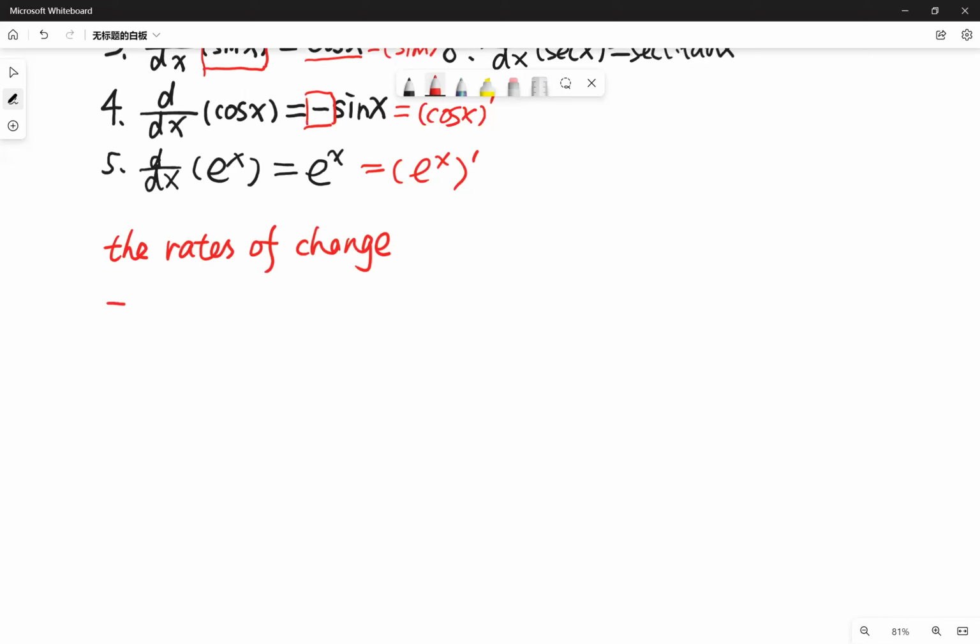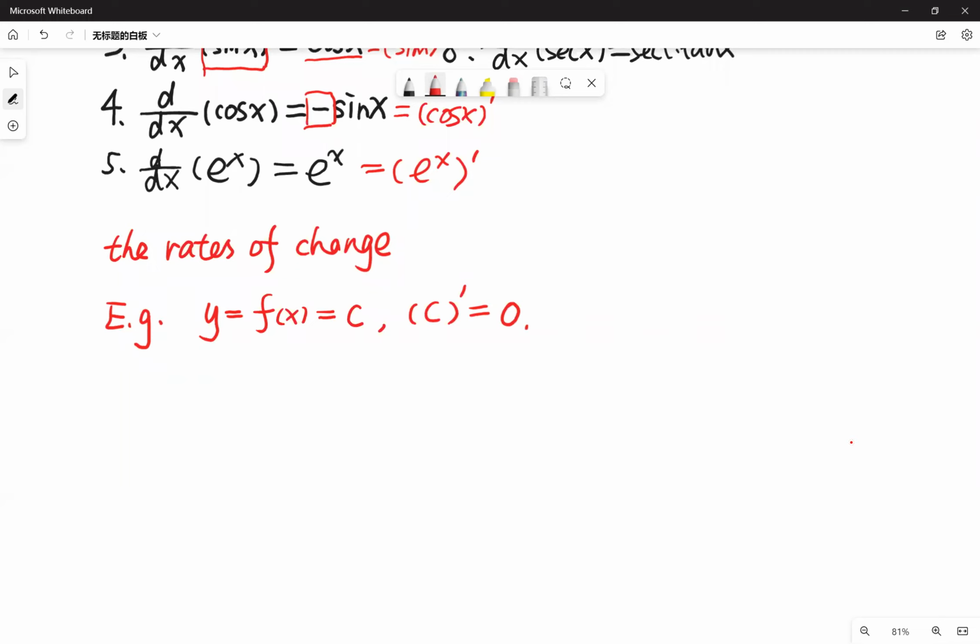For example, let's see. When f(x) is a constant c, the derivative of a constant is equal to 0, right? Yes, Laushi.